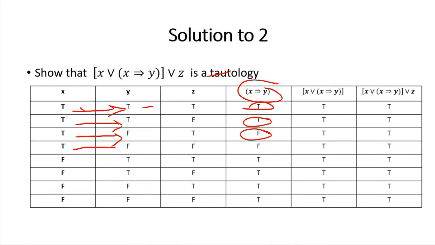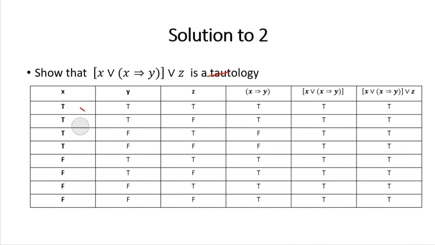X is true, pointing to false again, it will be false. X is false, pointing to true, it will be true. X is false, pointing to true, it will be true. Now both of them are false, pointing to false, definitely true, because we're working with conditional statements. False pointing to false again, it will be true. So that's how I got that entry there. We'll move to the next column.